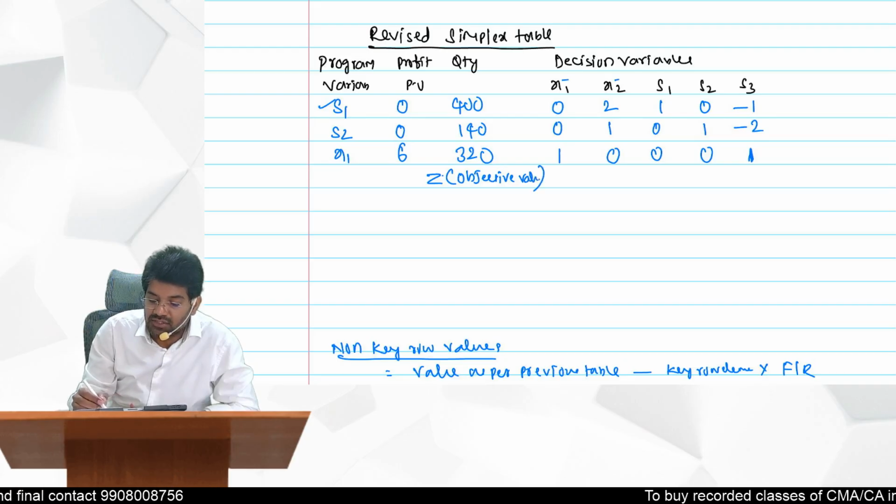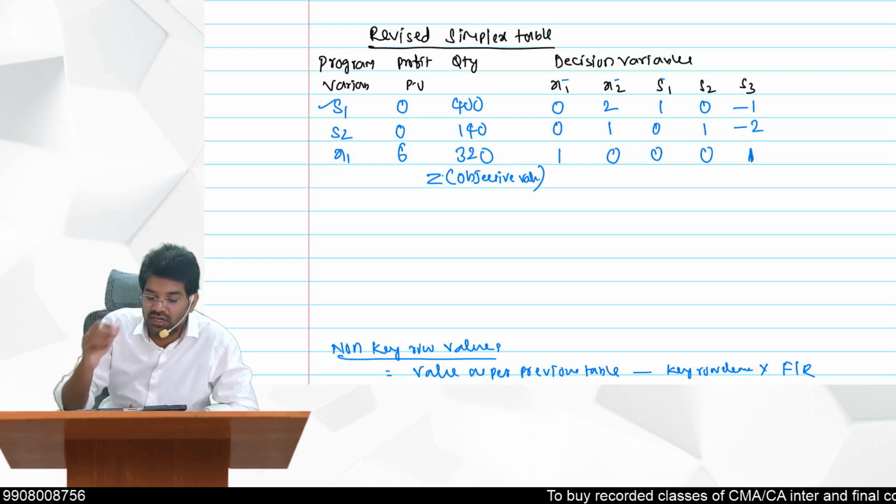For x1, x2, s1, s2, s3, what are the objective function coefficient values we should take?